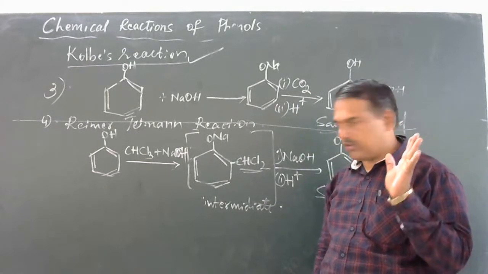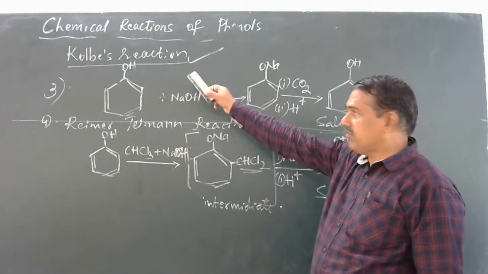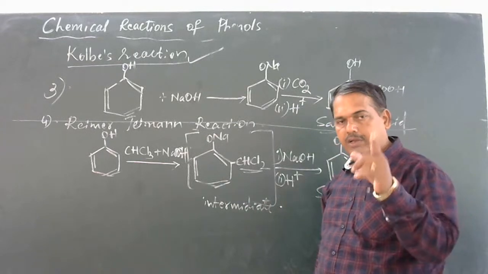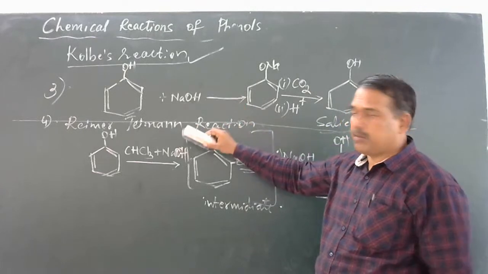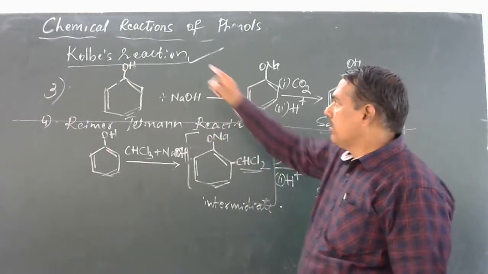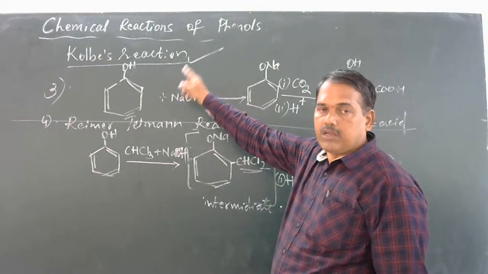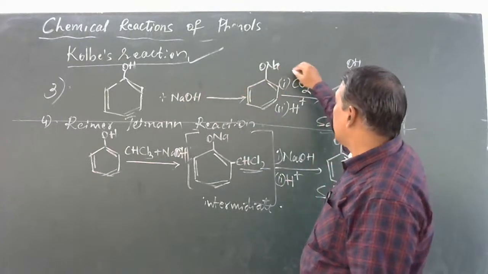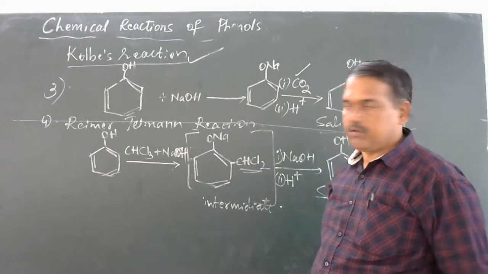That particular reaction is called Reimer-Tiemann reaction. Another one is Kolbe's reaction. Are you clear? So repeatedly I am going to tell you Kolbe's reaction and Reimer-Tiemann reaction. In Kolbe's reaction, what is the electrophile used here? The electrophile is a weak electrophile, which is nothing but carbon dioxide.